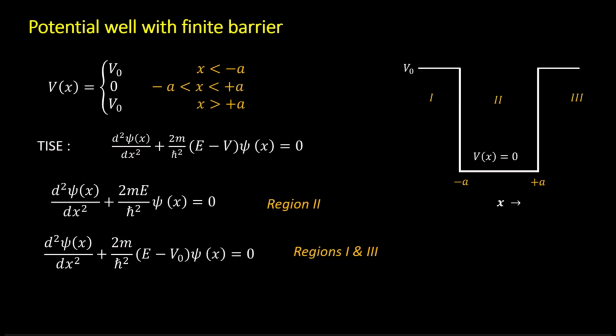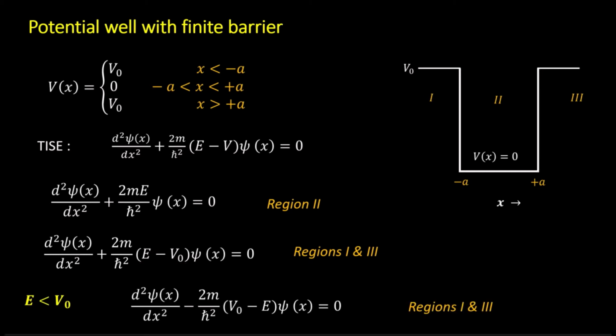Now let's consider the case where the energy of the particle is less than the barrier potential, that is E is less than V0. Then this equation can be written as d square psi by dx square minus 2m by h cross square into (V0 minus E) into psi of x is equal to 0.